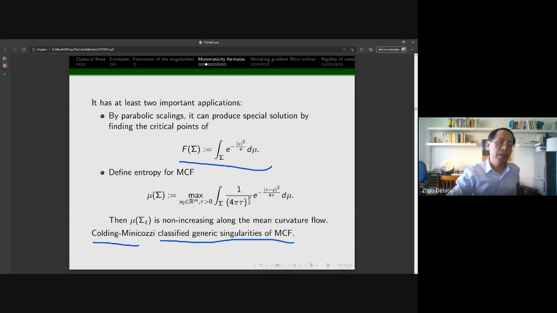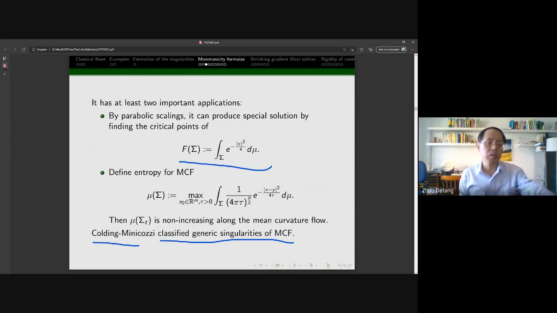The idea is important in the sense that when you want to study the singularity, of course, if you can classify all the singularities, it's okay. But usually it's very difficult to classify all the singularities. From the mean curvature flow case, maybe you don't need to classify all of them. You only need to classify the stable ones.